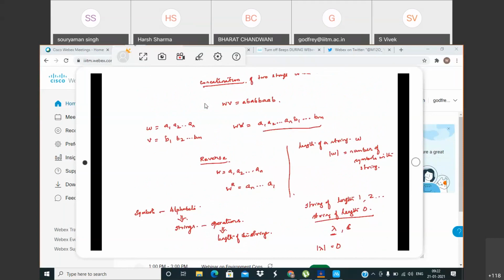So what is going to be the length of the concatenation? We need to find the length of WV, and this is going to be the sum of the cardinality of W plus the cardinality of V.